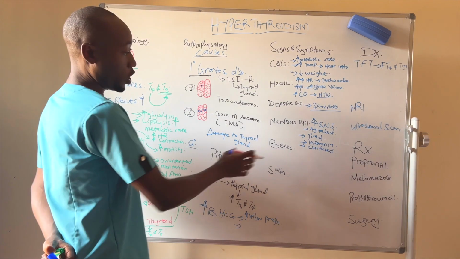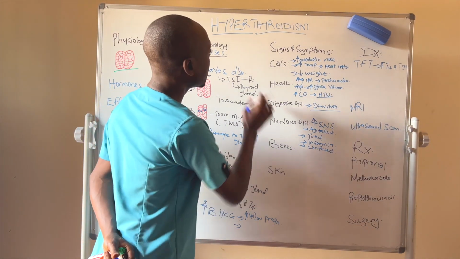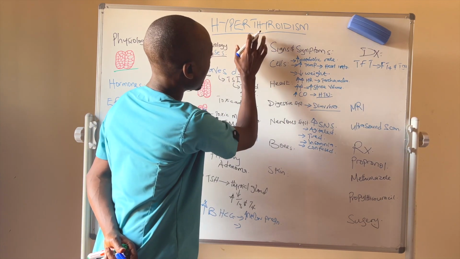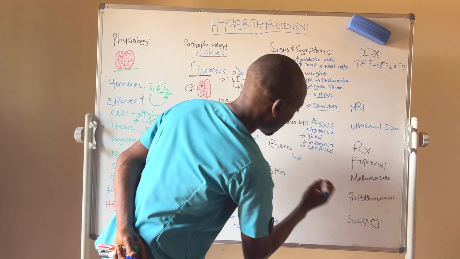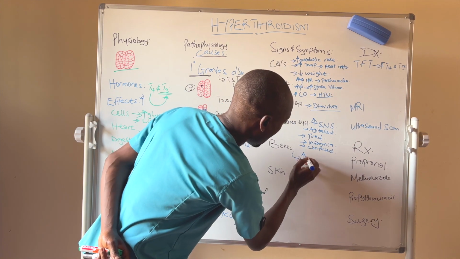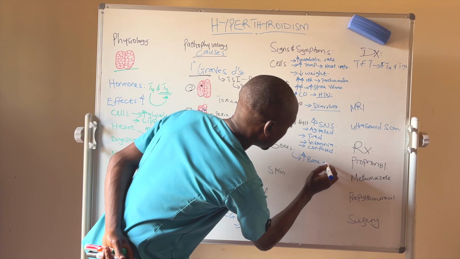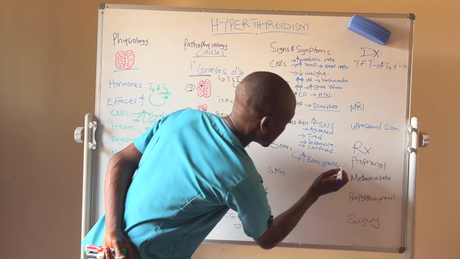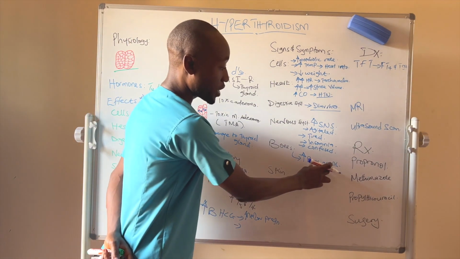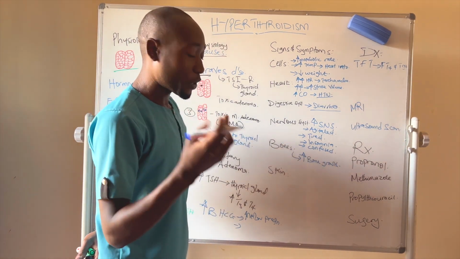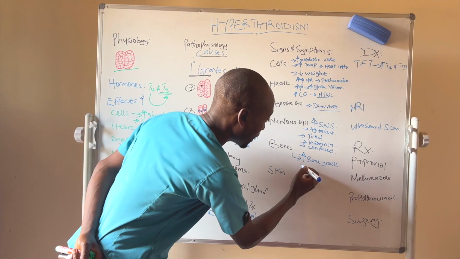Confused. Also, we said that these hormones have an effect on the bones, and then for someone who has hyperthyroidism, we shall find that they will have an increase in bone growth. But the problem is that there's an increase in bone growth and they mature very quickly, and therefore what we call the epiphyseal plates close early.